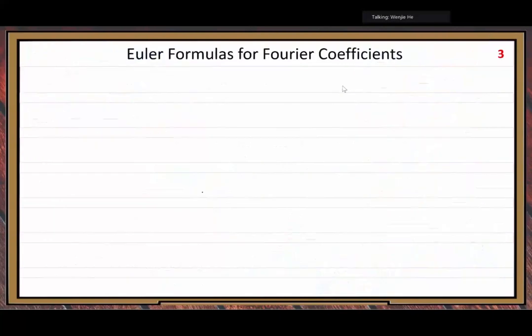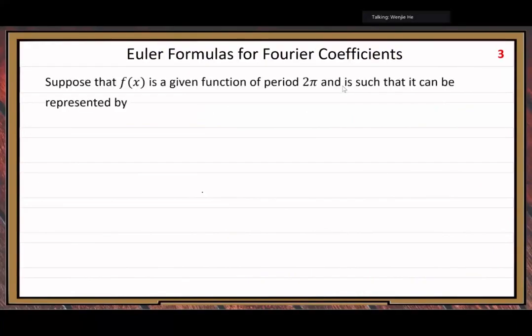So let's look at the Euler formula for Fourier coefficients. Suppose f of x is a given function of period 2 pi such that it can be represented by this trigonometric series.